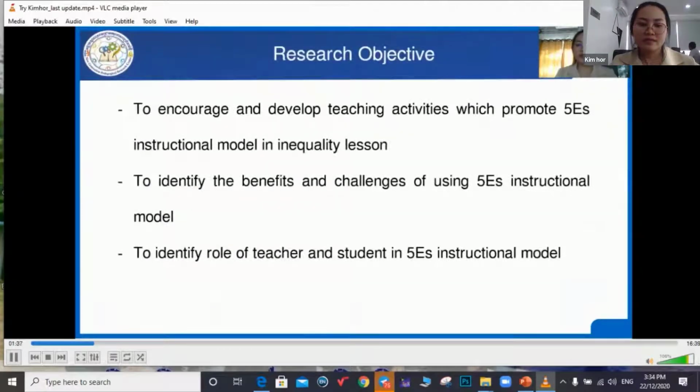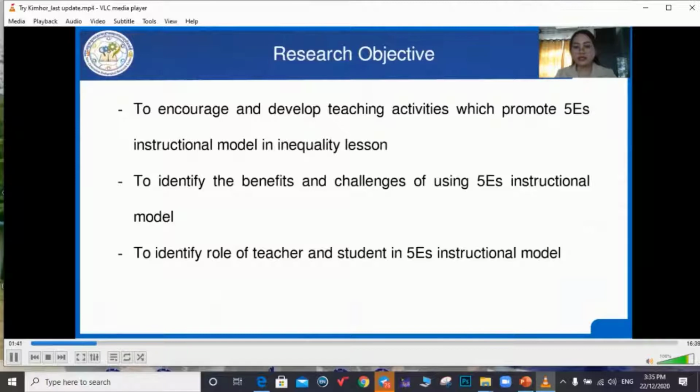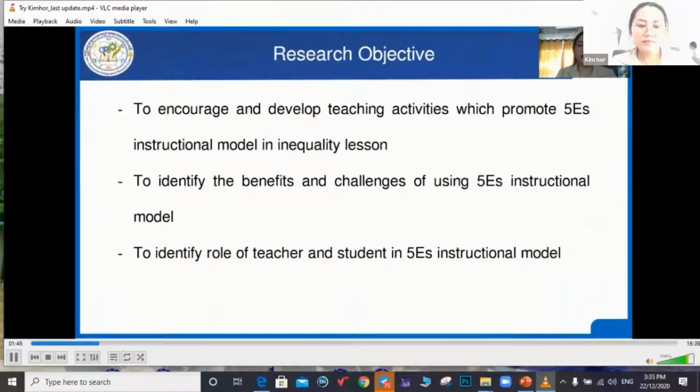I have three research objectives. First, to encourage and develop teaching activities which promote the 5E instructional model in inequality lessons; second, to identify the benefits and challenges of using 5E; and third, to identify the roles of teachers and students in the 5E instructional model.